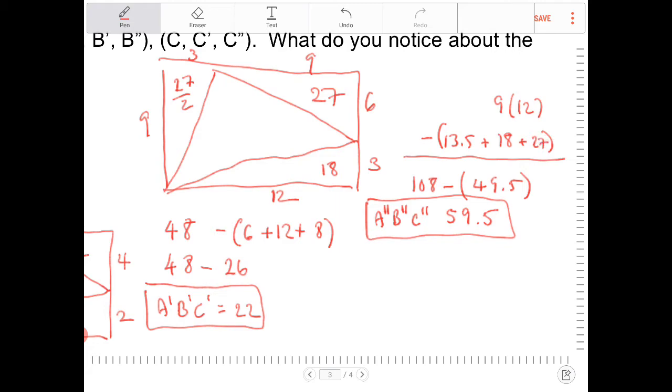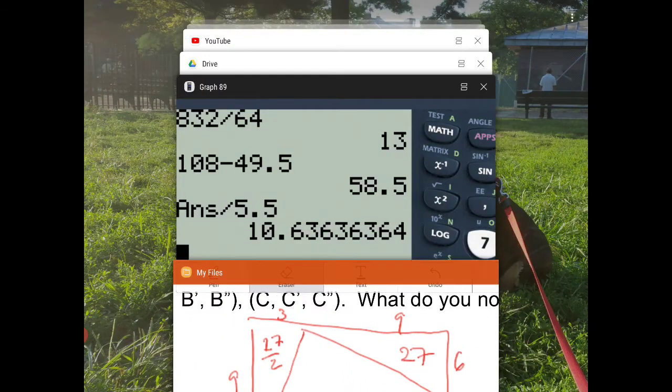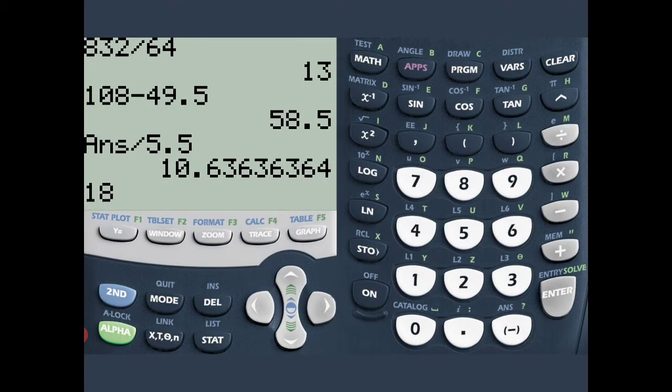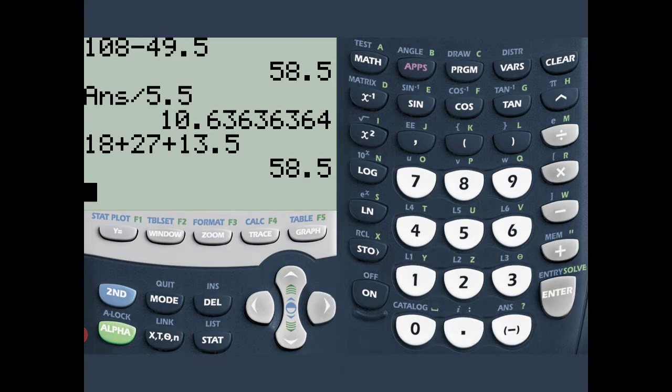And then 18 plus 27 plus 13.5 would change the final answer here, of course. Okay, so 18 plus 27 would be 45. 45 plus 13.5, so 18 plus 27 plus 13.5. And I will subtract that from 108.